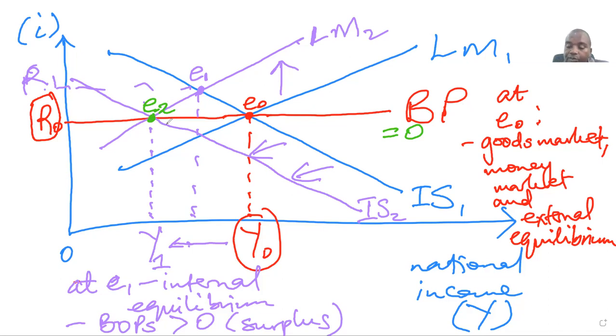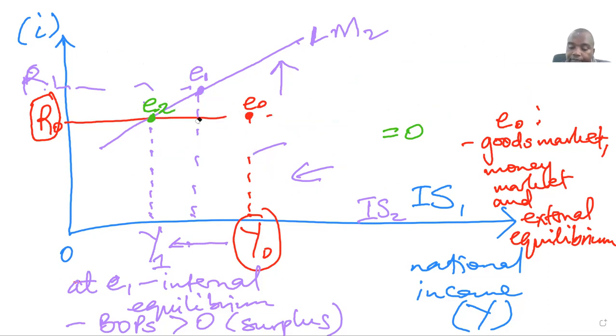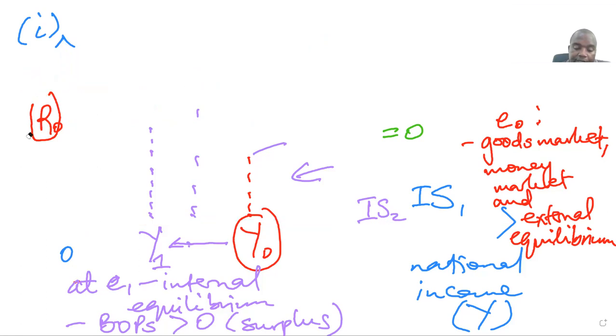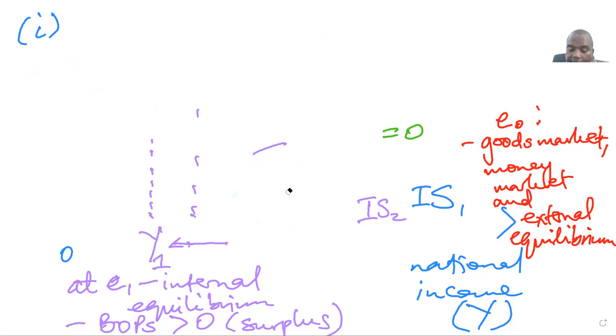We can also experiment for a situation where a shock to this simple economy causes a balance of payments deficit. We can illustrate this diagrammatically, where an internal shock leads to a balance of payments deficit.